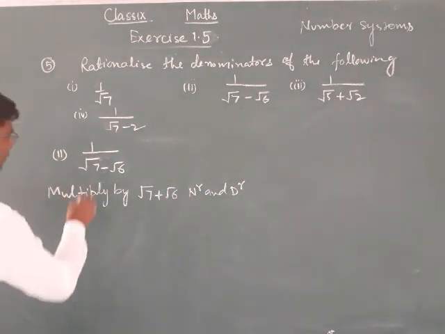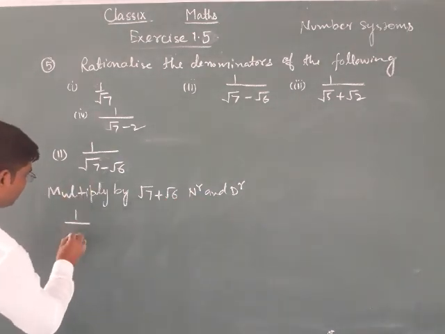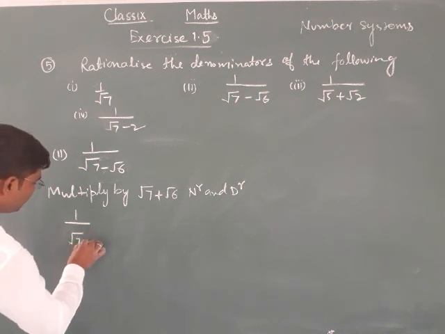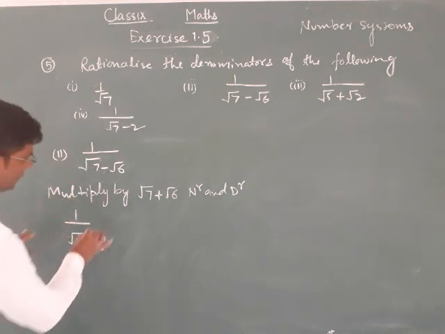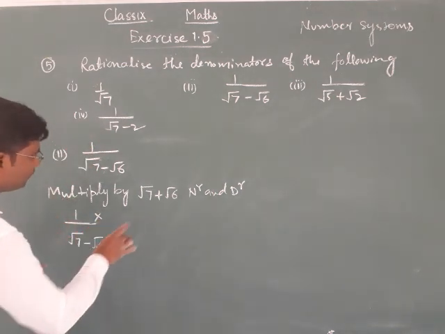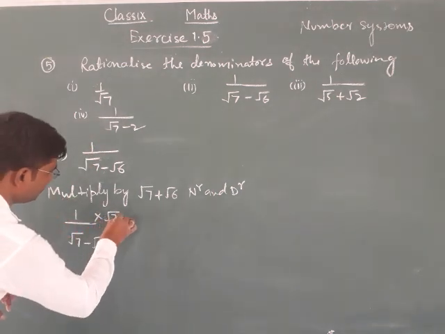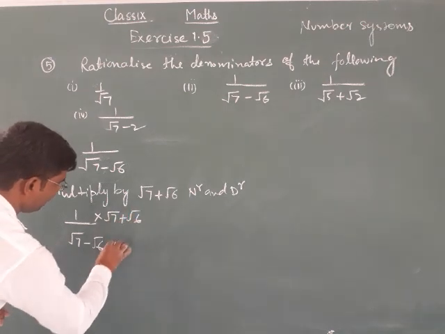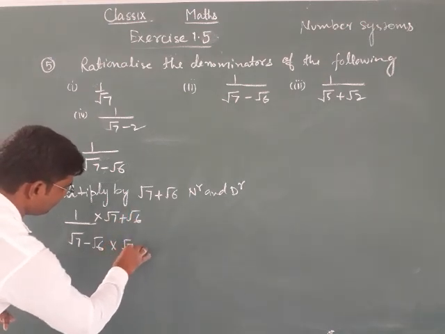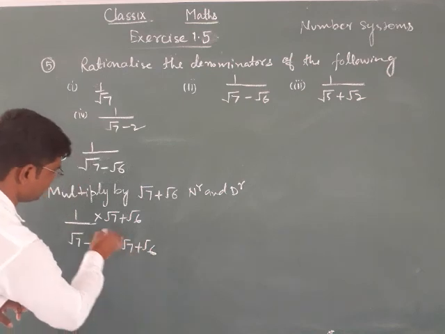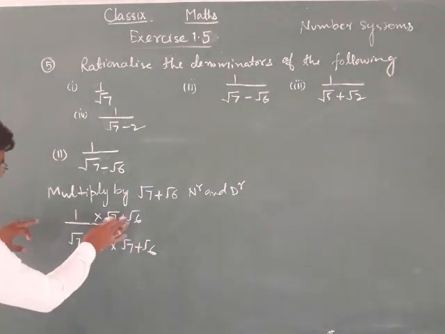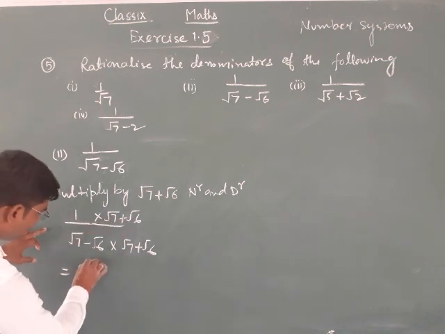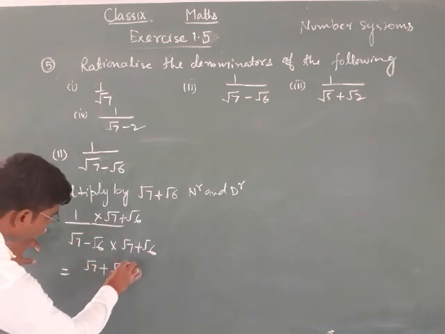We get 1 upon root 7 minus root 6, multiplied by root 7 plus root 6 upon root 7 plus root 6.